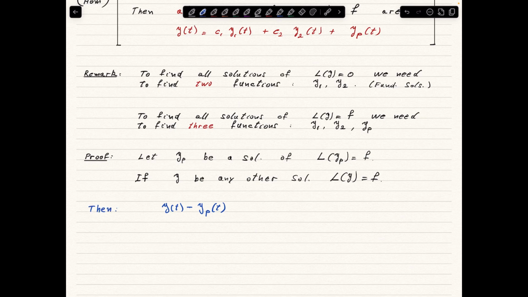Then we are going to prove that. What is L of the difference? L, the linear operator. Well, by linearity, we see that this has to be L acting on y of t minus L acting on yp of t.